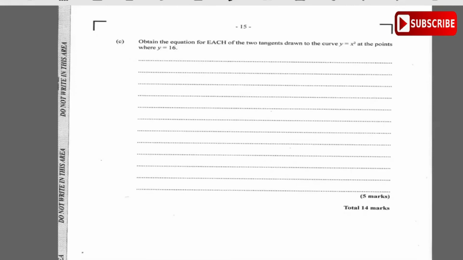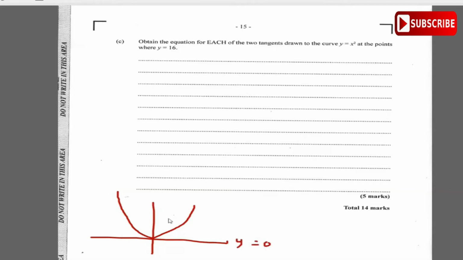x squared, I'm just going to give you a rough sketch. If you think about the curve y equals x squared, it looks something like this. This is the x and y axis. The x-axis is the line y equals 0. This is y equals x squared.